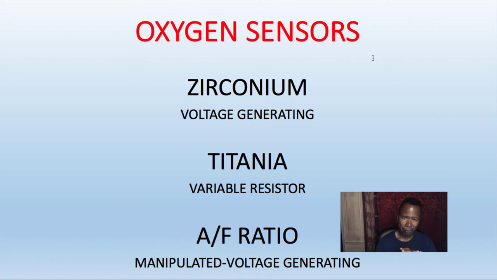For example, if the car is running lean, the job of the PCM is to add fuel. If the car is running rich, the job of the PCM is to subtract fuel. And it cycles back and forth, balancing out the air-fuel mixture. That's why they call it closed loop. It's based off the O2 content from the exhaust going through the O2 sensor into the PCM.